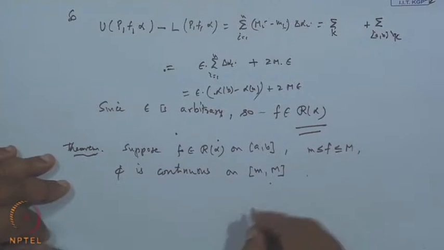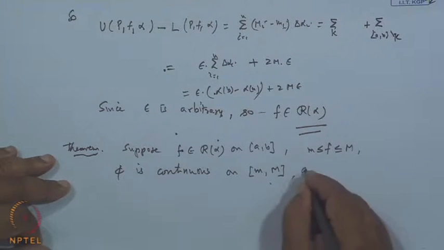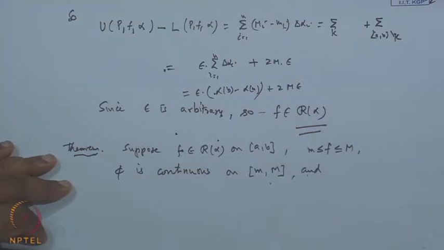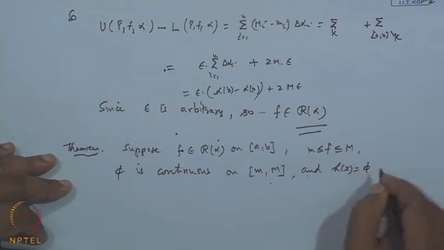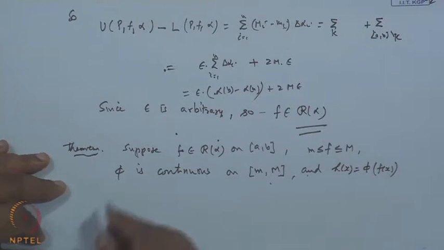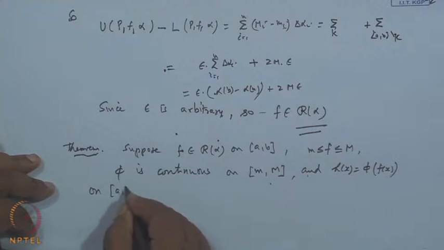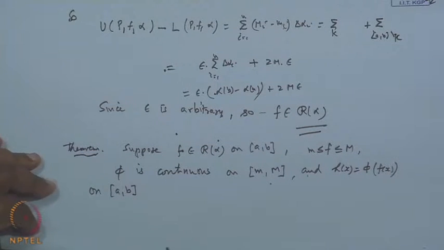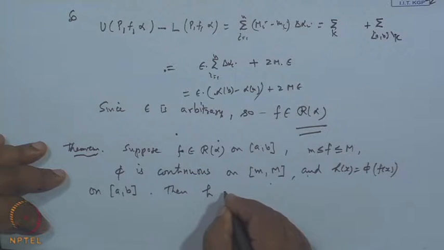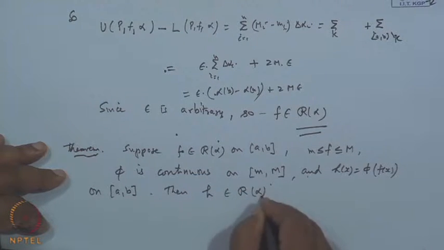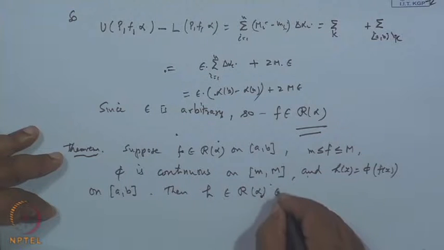This is phi. And h(x) is phi of f(x) on the closed interval [a,b]. Then this result says that h belongs to R(alpha), that is, Riemann-Stieltjes integrable on [a,b].